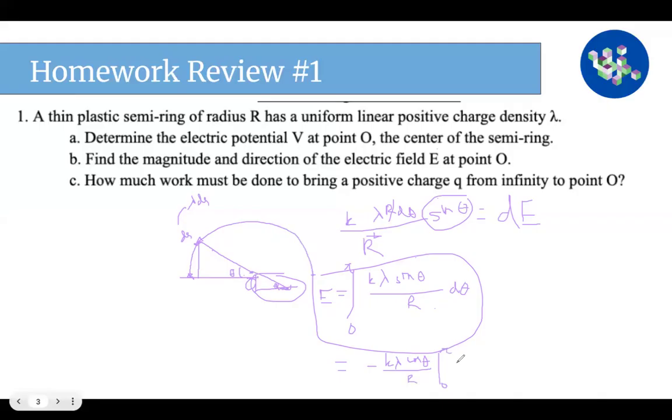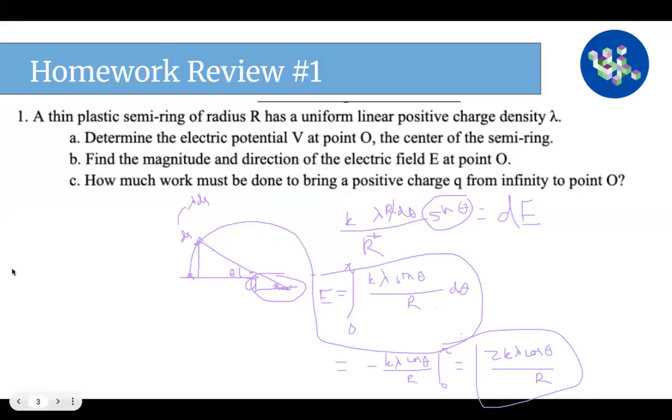So if you do that, I believe you'll be getting 2k lambda times cosine theta divided by big R. So this will be your electric field.